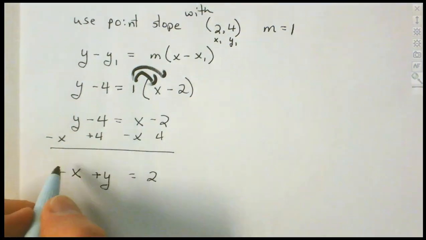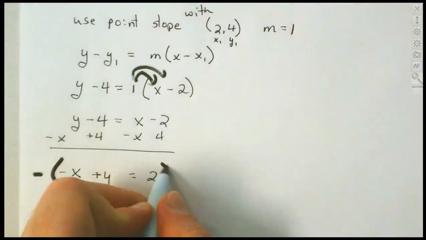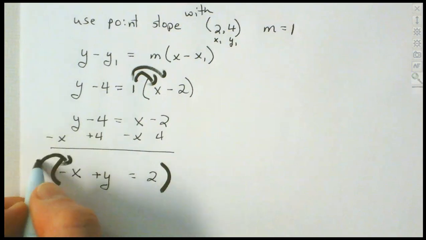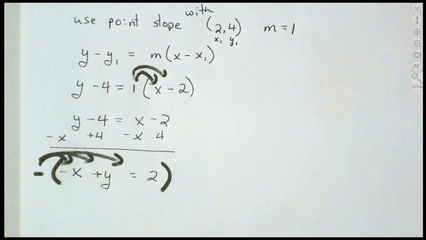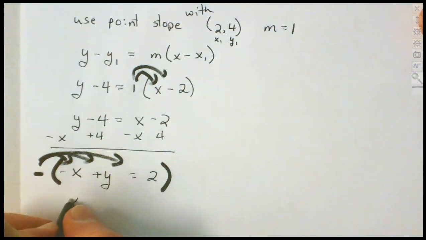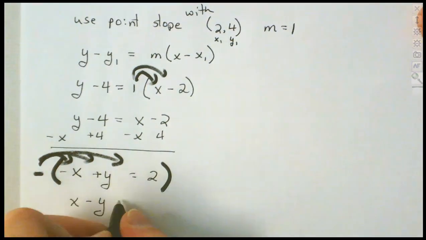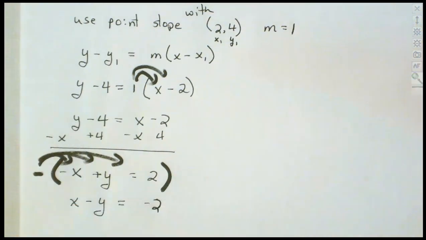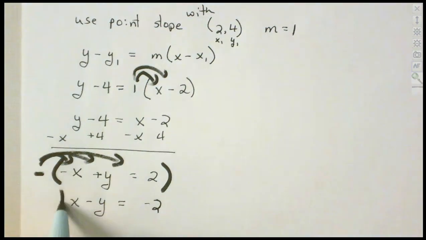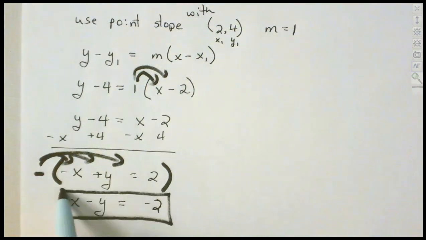But that's not going to be our final answer, because our x has to be positive. And how do we fix that? We fix that by distributing through a negative. That way the first piece, the x part, is positive. And now we have x minus y equals minus 2. That's going to be your final answer, and that is now in standard form.